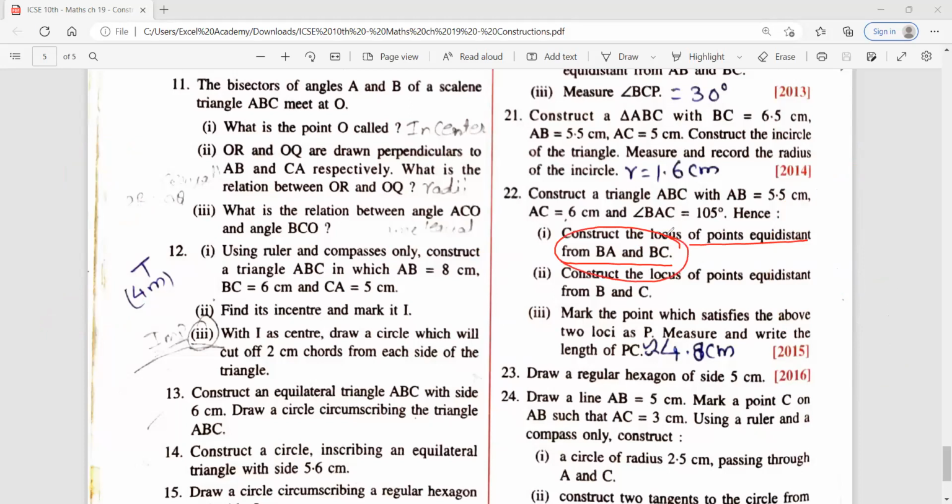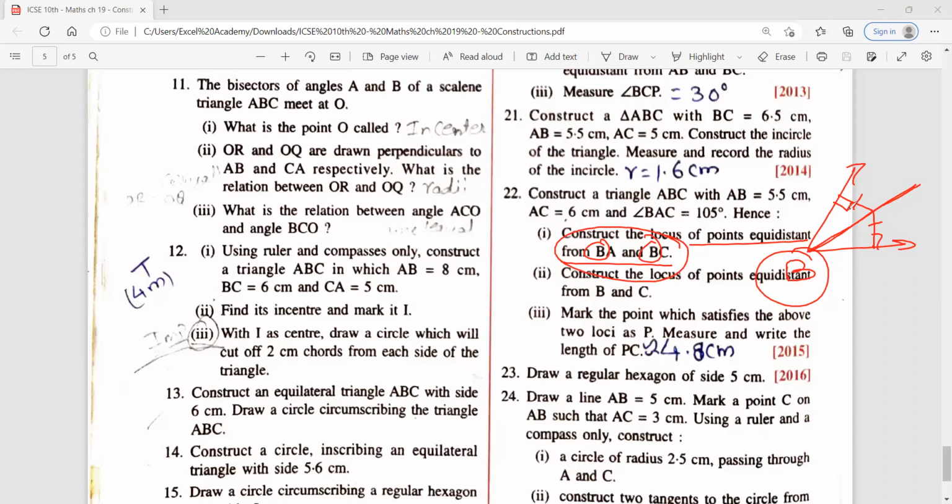What do you think is common between AB and BC? Point B is common. So basically we have to find the angle bisector of angle B. That's all, because there is another theorem: any point which lies on the angle bisector of an angle is equidistant from the arms of the angle.